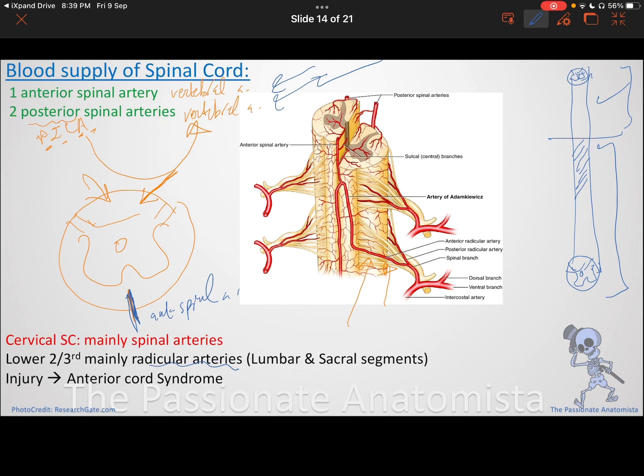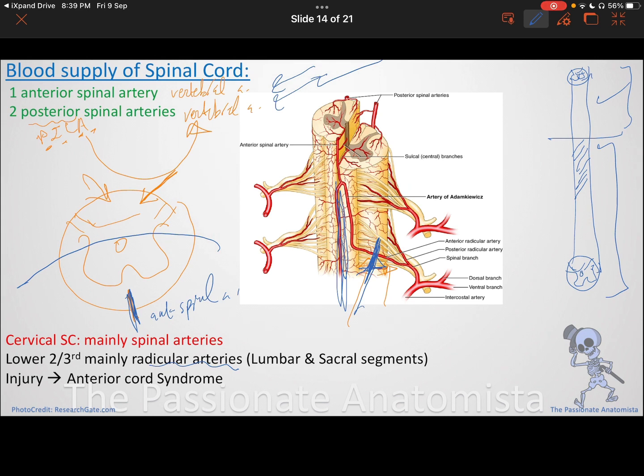The great radicular artery is very important because it comes from the aorta. So if there is any injury to the aorta or any pressure on the aorta or any decreased blood supply at that region or any injury in any surgery, and if there is any problem to the great radicular artery of Adamkiewicz, what's going to happen is that the anterior spinal artery that supplies the anterior part of the spinal cord is going to be impaired.